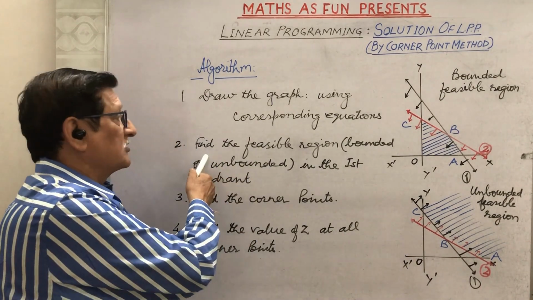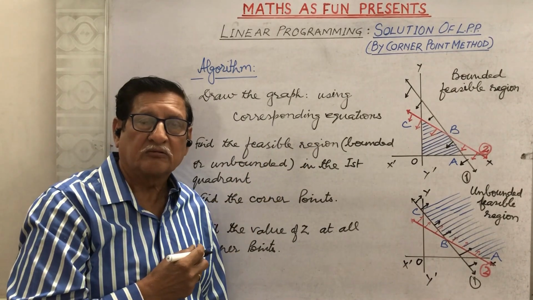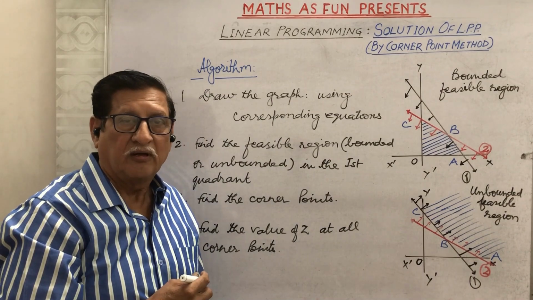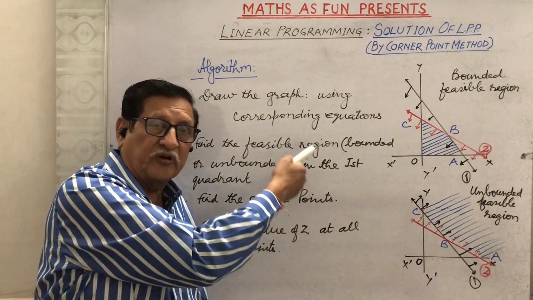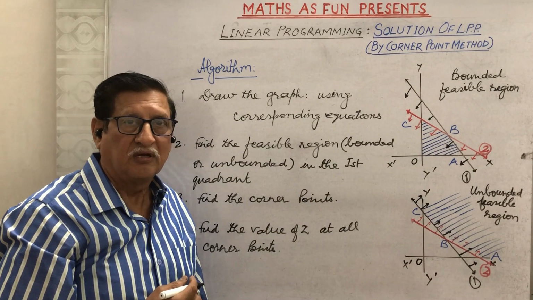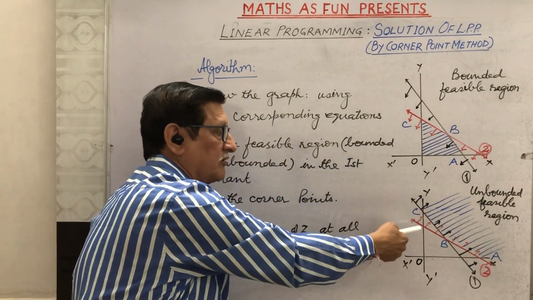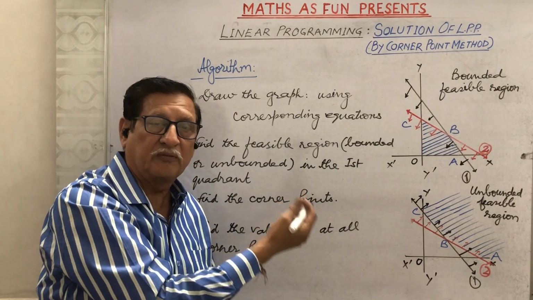The second point is to find the feasible region that may be bounded or unbounded. We have just now discussed how to find out the feasible region. The third point is to find the corner points of the feasible region, whether it is bounded or unbounded.